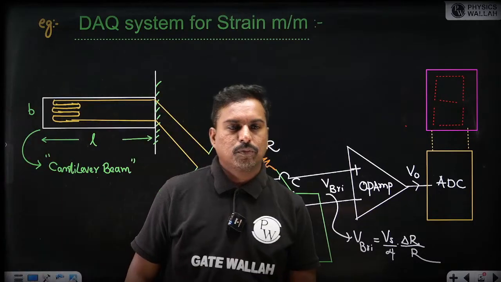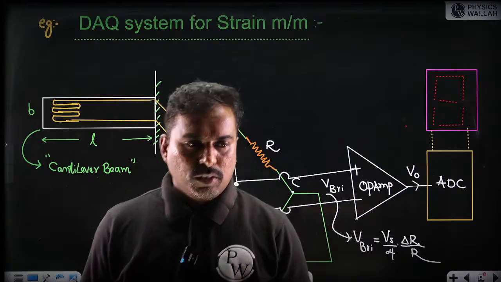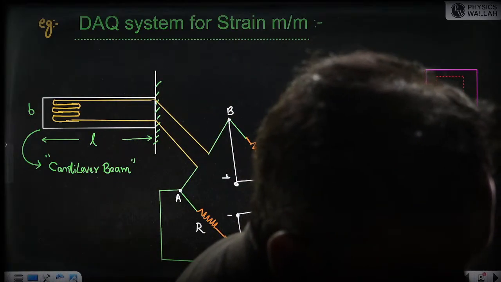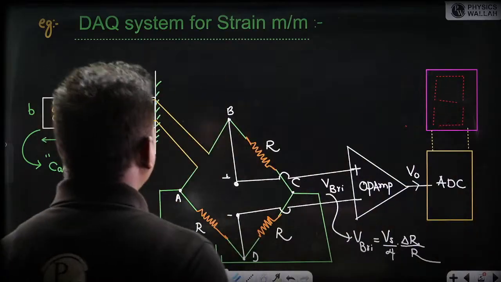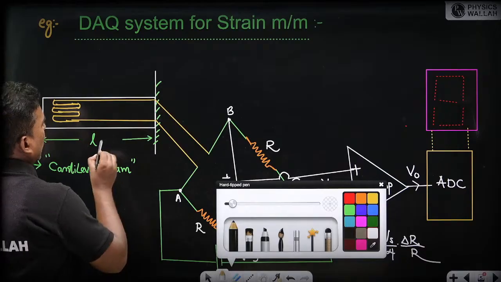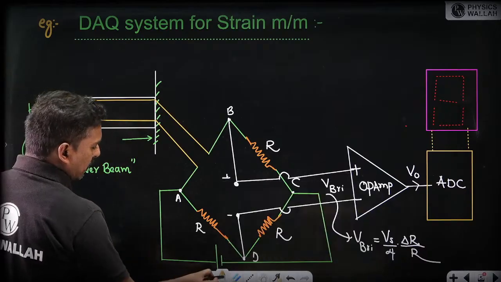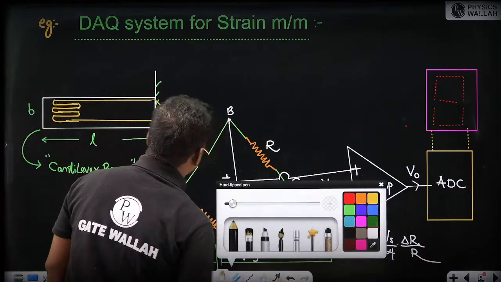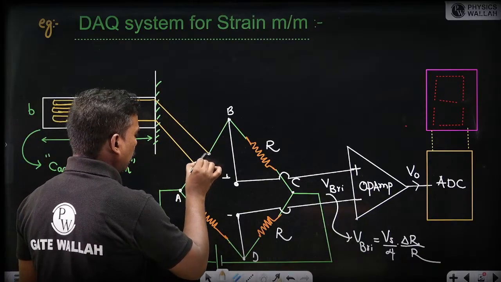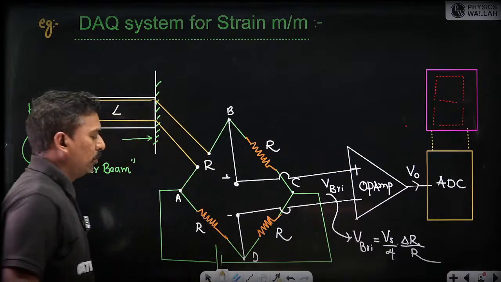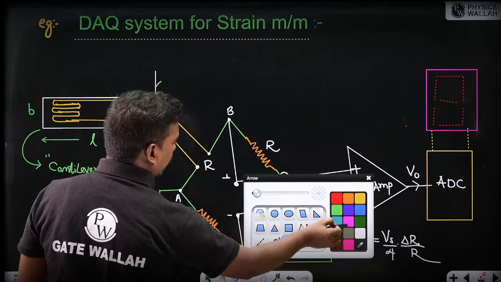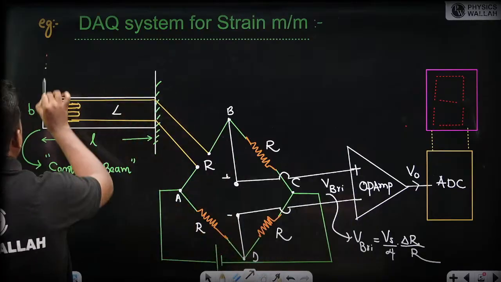Chalo, how it works. So first of all, you should understand what is strain, how it works. When no stress is applied, at that moment, the length of the cantilever beam has no change, and the length of the strain gauge also no change, and the resistance also unchanged. So now when the force is applied, then what happens?